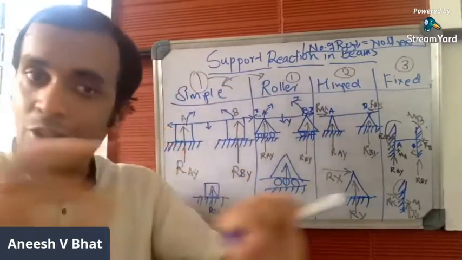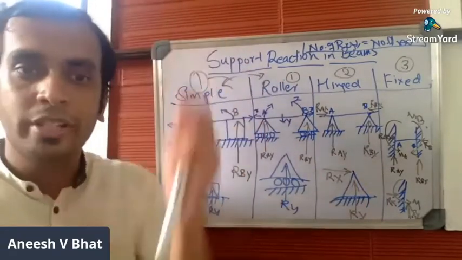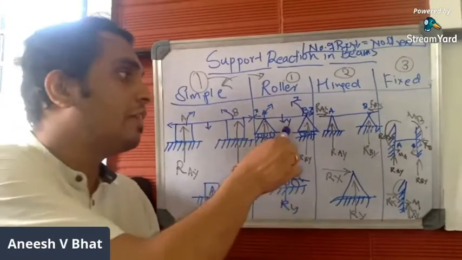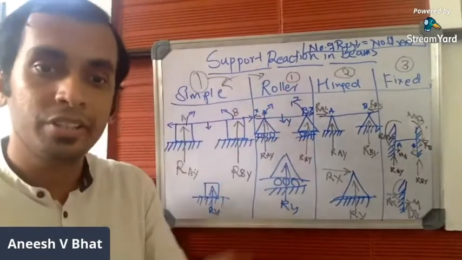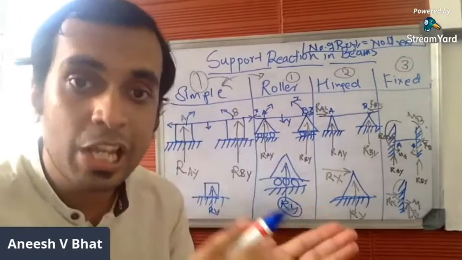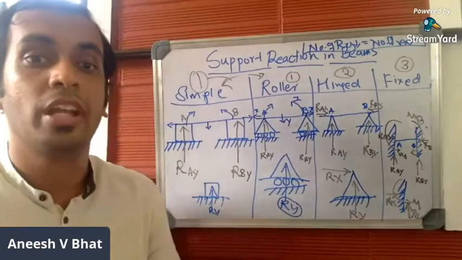So there is no restriction for horizontal motion. The beam can be rotated anywhere, so there is no restriction in the Z direction as well. Restriction is only in Y direction, and hence you have only one reaction in Y direction. Number of restrictions is equal to number of reactions again.